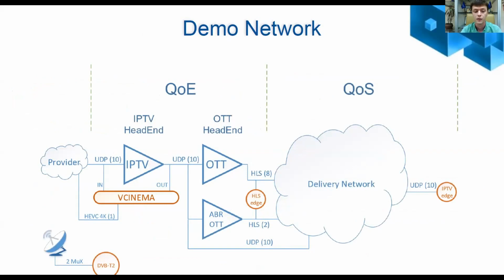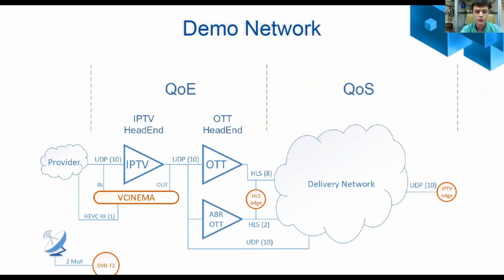Then we sent it to an OTT headend that creates 8 HLS playlists and 2 playlists with adaptive bitrate. After that, we just send it to our local network. And we also have one probe installed on a set-top box that is checking the signal that comes from satellite. So it's 2 multiplexes.